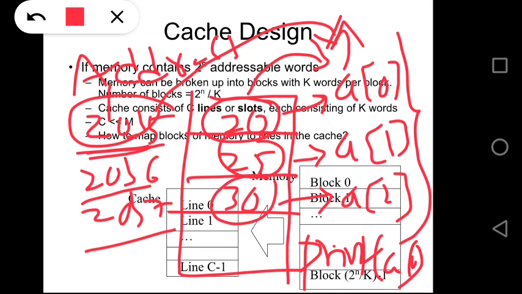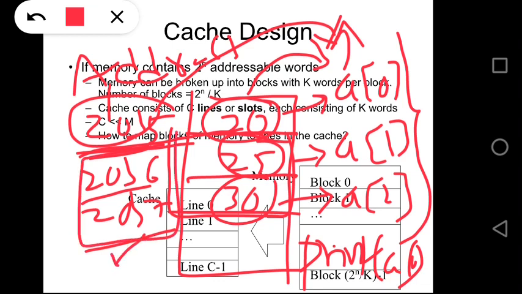So place these values 20, 25 and 30 with addresses 2036, 37 into cache memory. This is called spatial locality of reference.